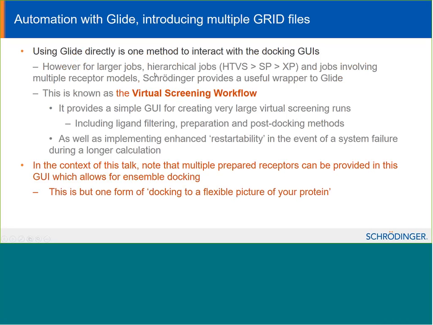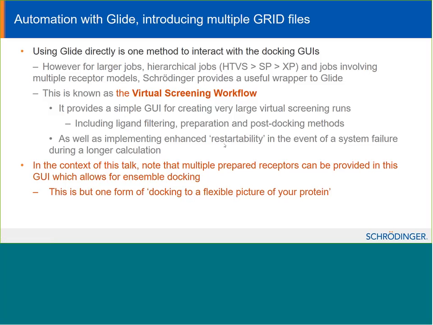So for large and hierarchical jobs where we want to run high throughput docking, standard docking, and extra precision docking with multiple receptors, we use a wrapper called the virtual screening workflow. So this actually includes things like ligand filtering, ligand preparation, and docking, as well as post-docking methods. And it also has a restartability in the event of any problems happening.